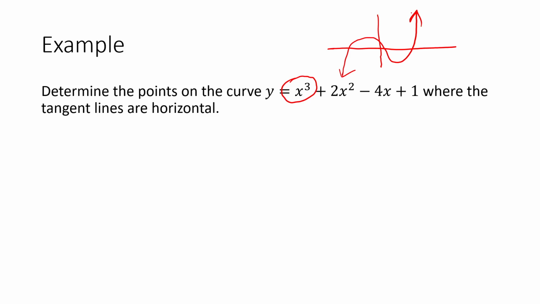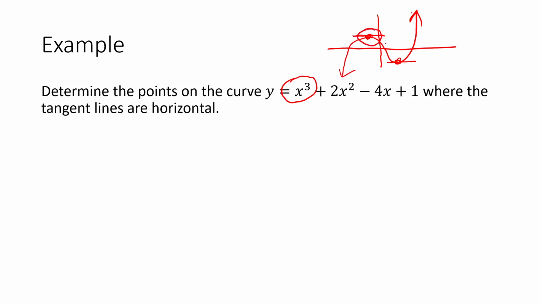Now, we're going to try and determine where the tangent lines are horizontal. Well, the tangent lines are horizontal at these 2 points right here. Right up there and right down here, we have horizontal tangent lines. Those 2 points have something in common. One's a local maximum and one's a local minimum.